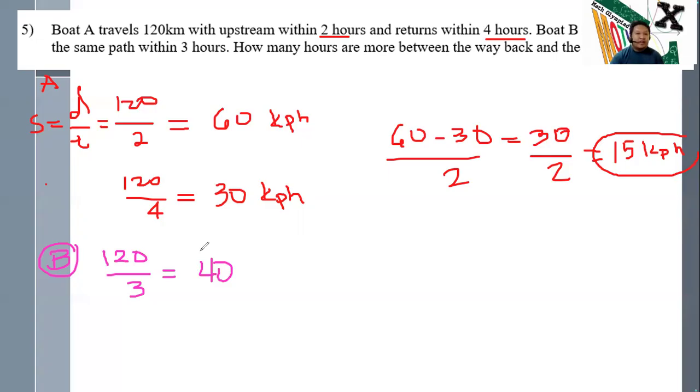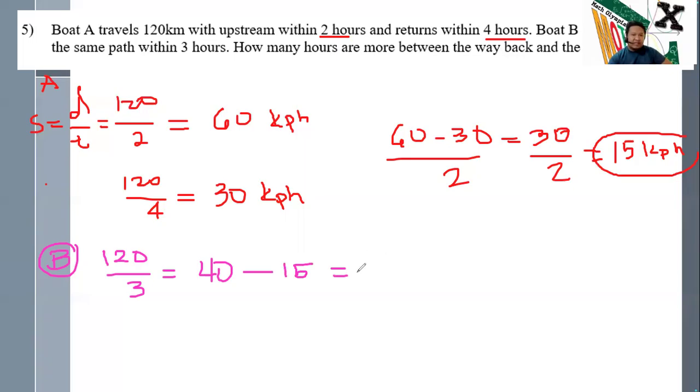Okay, now 40 is with the water speed. So we subtract the speed of the water from this 40, by 15, and it will give us the speed of the boat in still water, if it's not being helped by the stream.